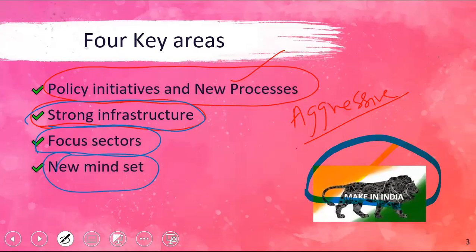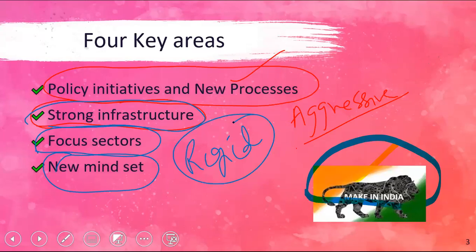What do you mean by new mindset, children? Because we know that basically we are rigid. What is the idea of rigid? Indians are not ready to accept new change. Because for 50 years, 60 years, we were living under the umbrella of protection of the government.